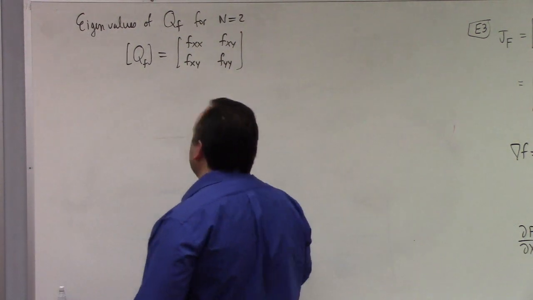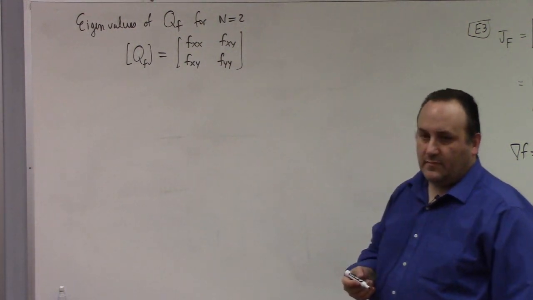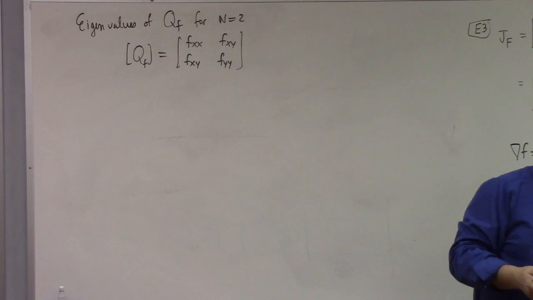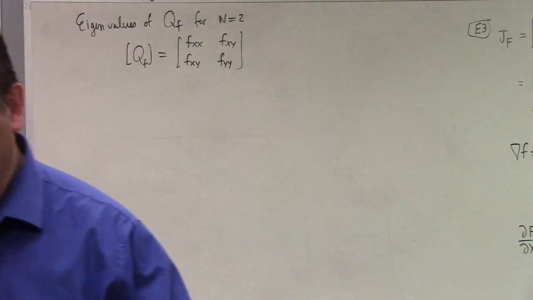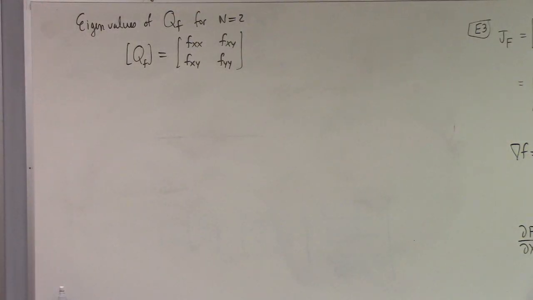What are the eigenvalues? Did you know that the eigenvalues of a 2 by 2 matrix we can calculate directly using one of the problems we had on the test? So we had a formula.